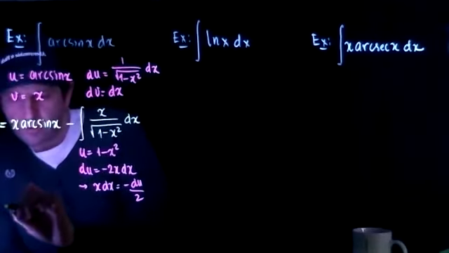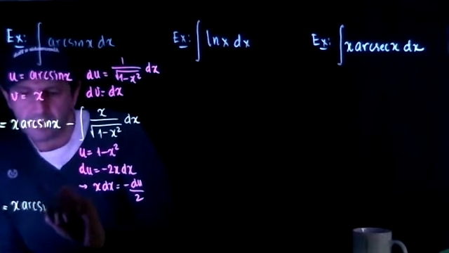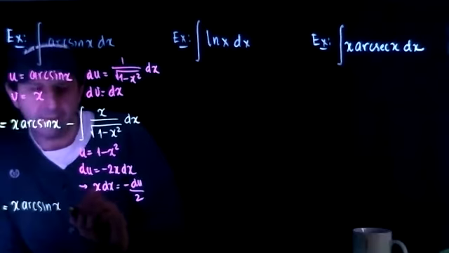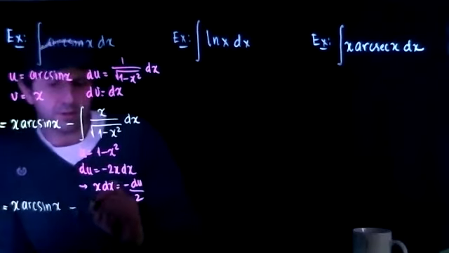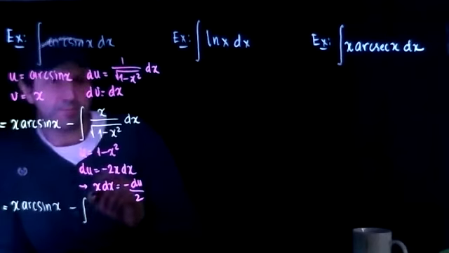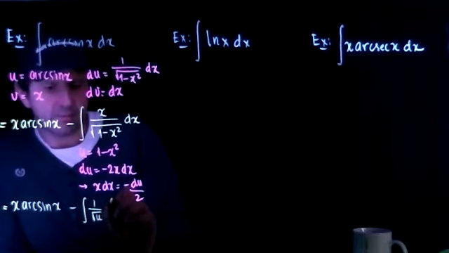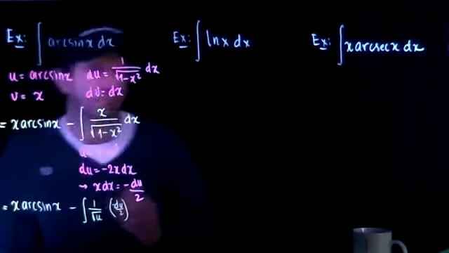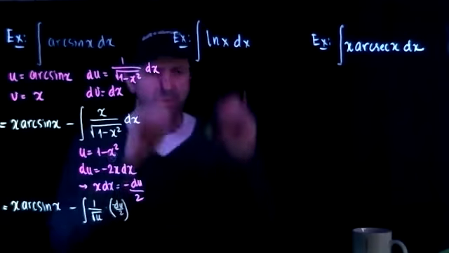Okay, so what do we have? x arcsine of x minus the integral of, so x dx, which is negative du over 2, so 1 over the square root of u times negative du over 2. Hope you can see, and it's not too small.